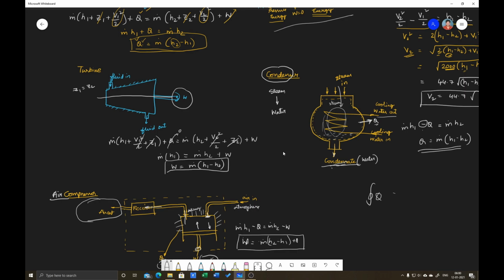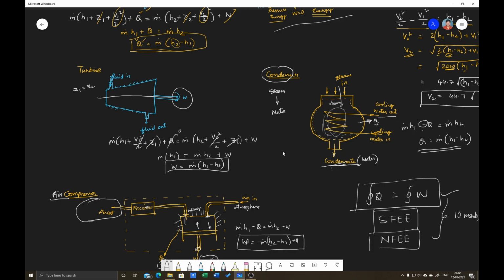That means cyclic integral of Q is equal to cyclic integral of W. There is a chance for this, or steady flow energy equation and non-flow energy equation. Out of these three, one question will come for 10 marks and also one short answer question will be there on the same topics.